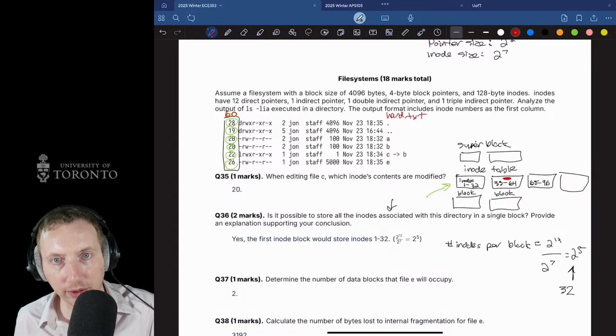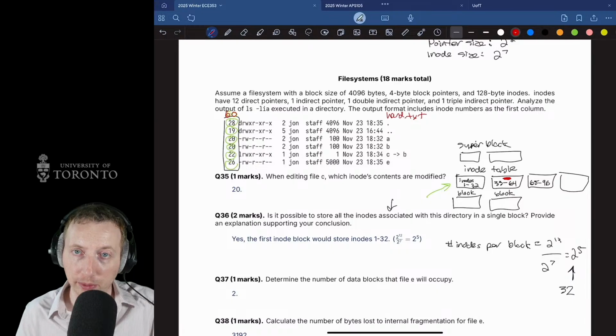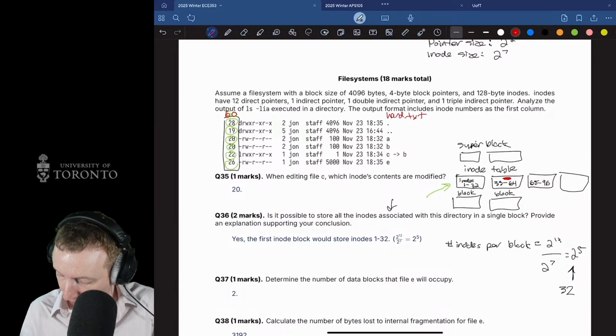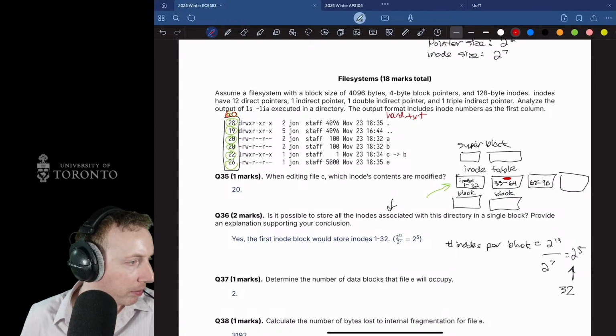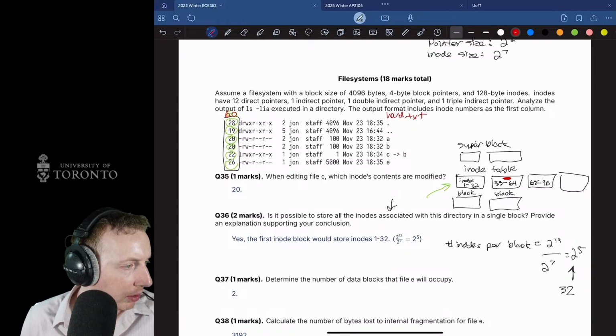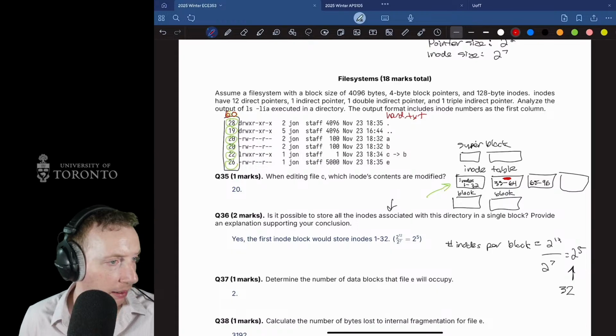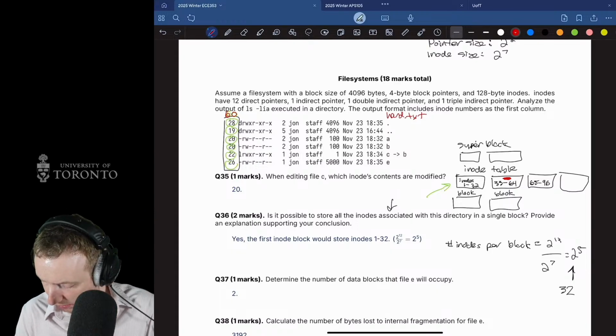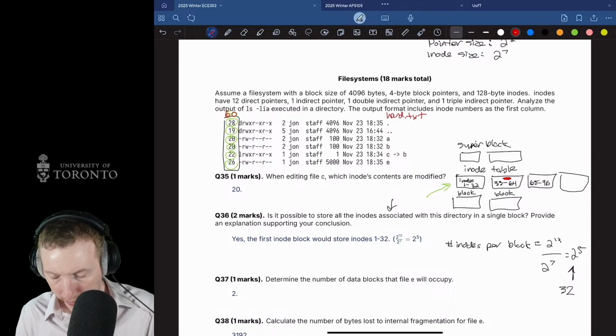So then the answer would be, hey, we would need at least 2 data blocks for inodes, right? Does that make sense?